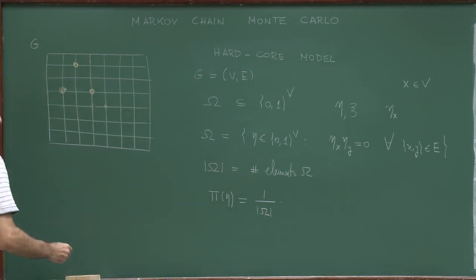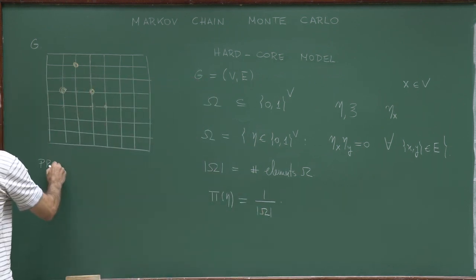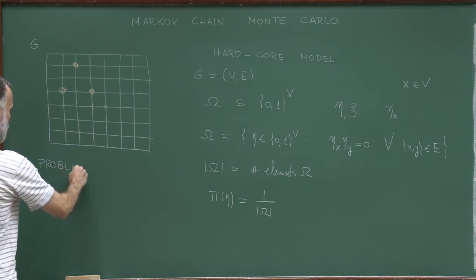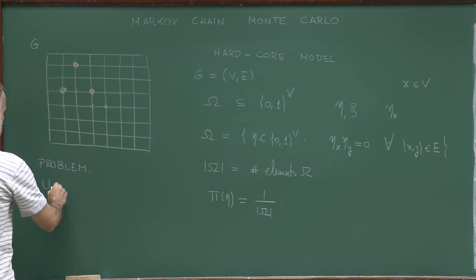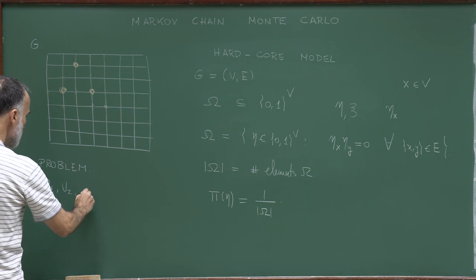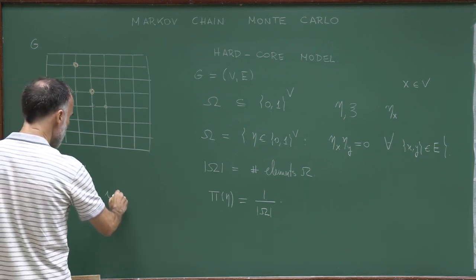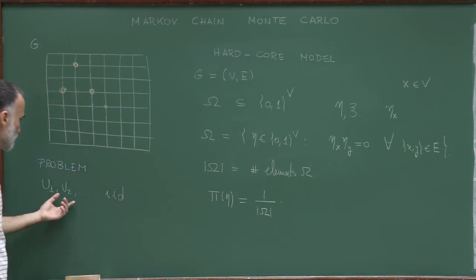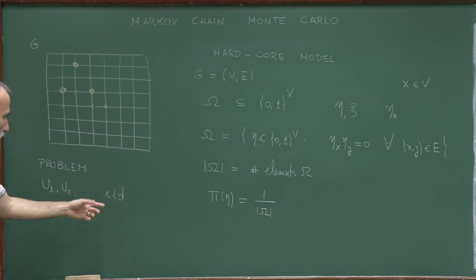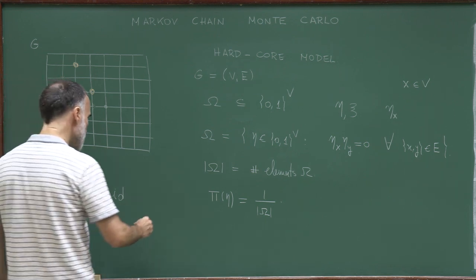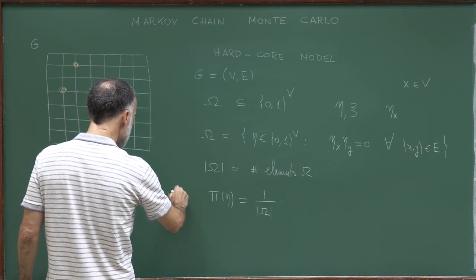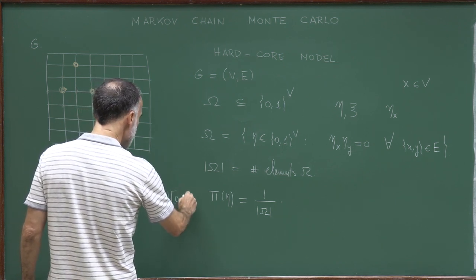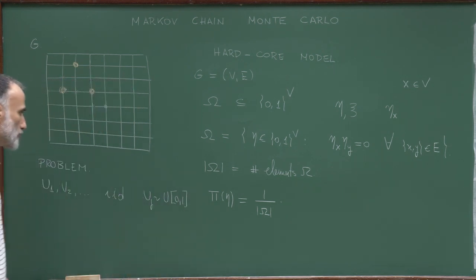The problem which I want to address in this lecture is the following. I give you a computer, and this computer is able to create a sequence of IID random variables U1, U2, ..., UN, and these random variables Uj are distributed according to a uniform 0-1 distribution.